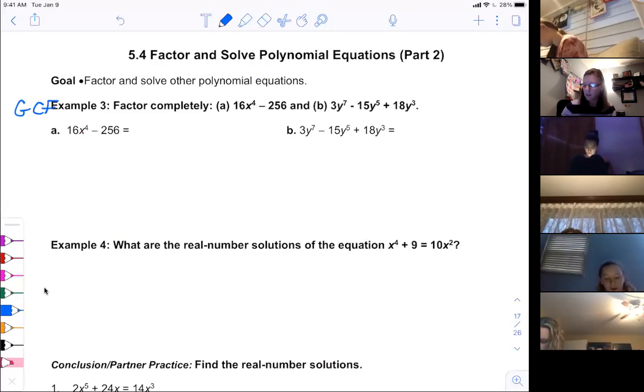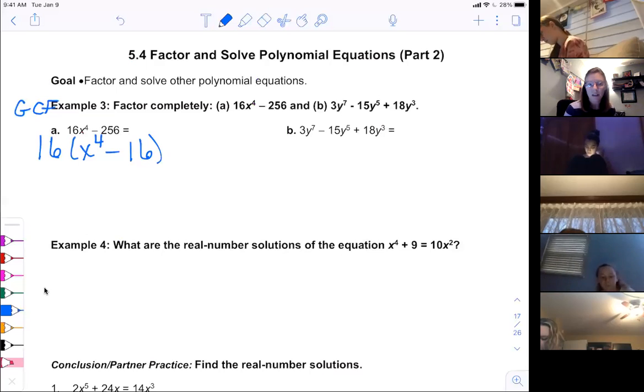So you can take 16 out of 256. Yeah, and what does that become? It becomes minus 16. Yeah, nice. So first question, is there a GCF? Yes, there is.